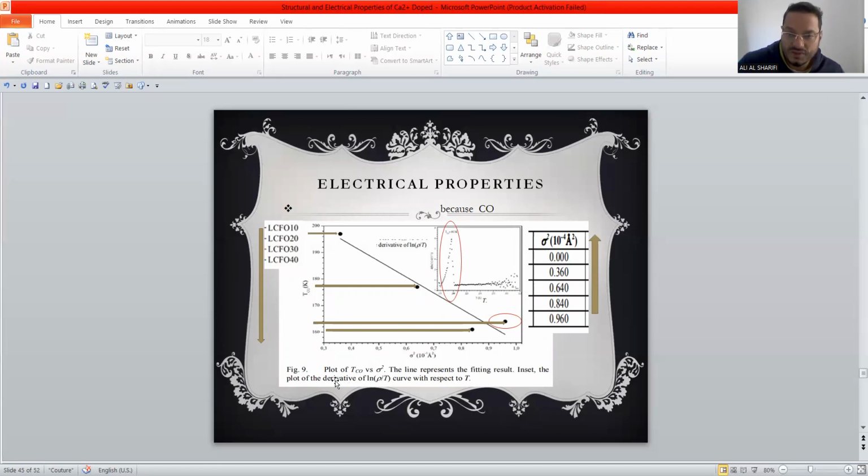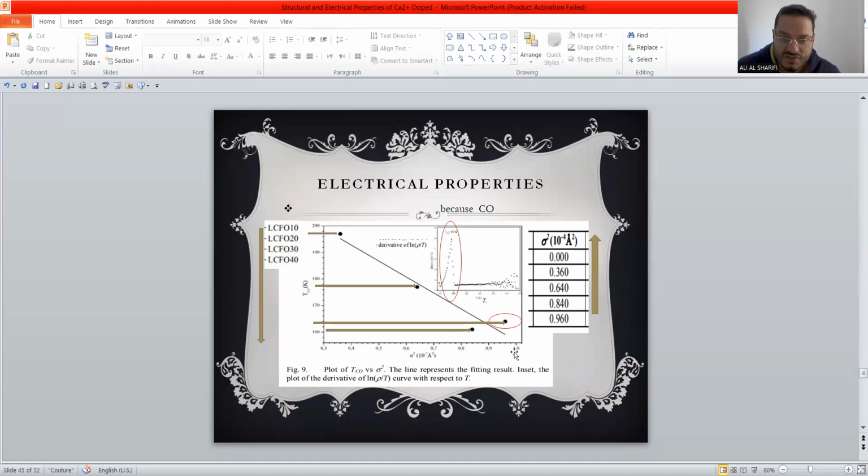From 0.36 here, we will note the charge ordering temperature is equal to or less than 200 Kelvin. And at 0.64 here, they recorded that the charge ordering temperature is equal to or less than 178 Kelvin.